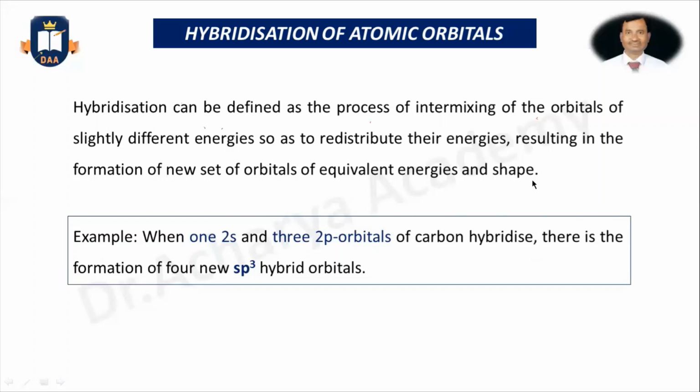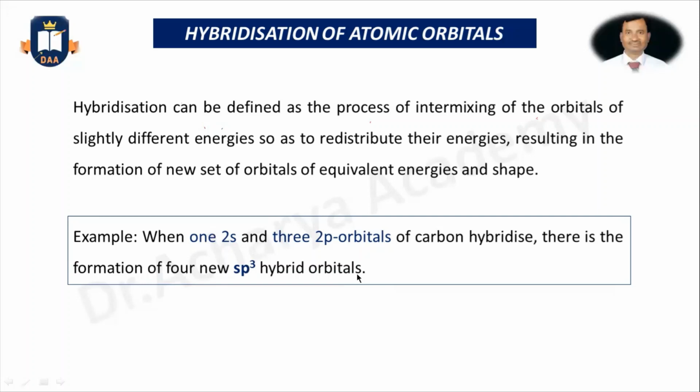Example, a very common example: when one 2s orbital and three 2p orbitals of carbon hybridize, there is the formation of four new sp3 hybrid orbitals.